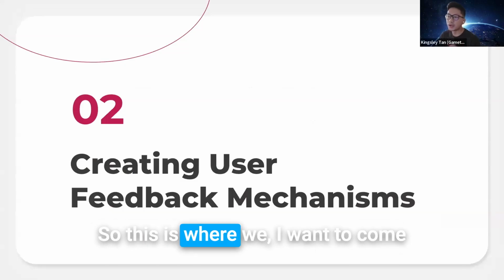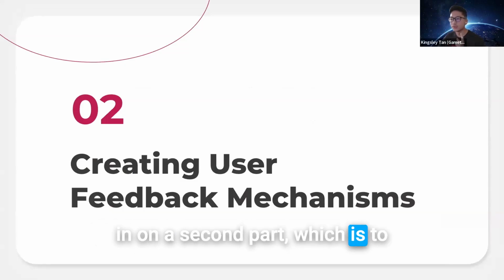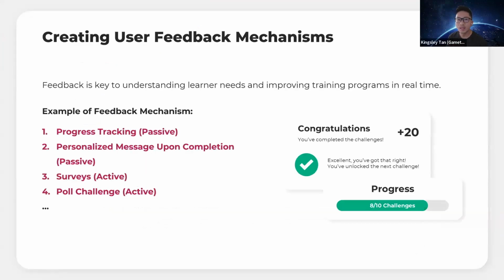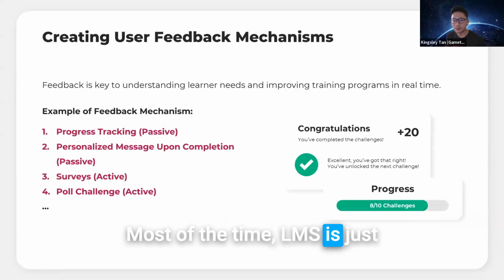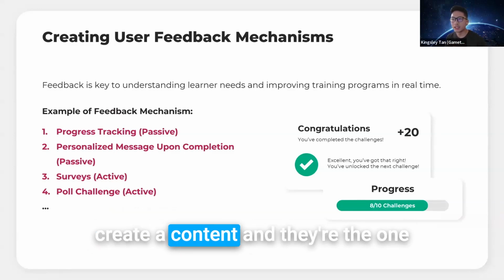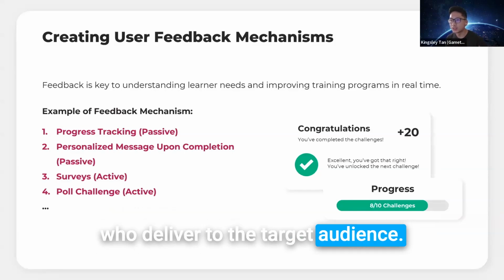So this is where I want to come in on the second part, which is to create user feedback mechanisms. Most of the time, an LMS is just one-way interaction, right? The admin or the teachers create content and deliver it to the target audience.